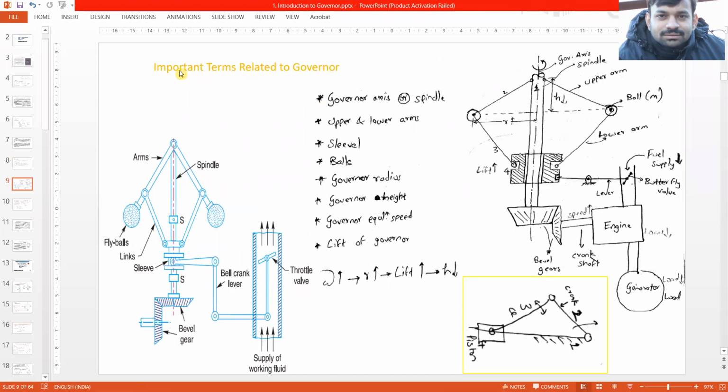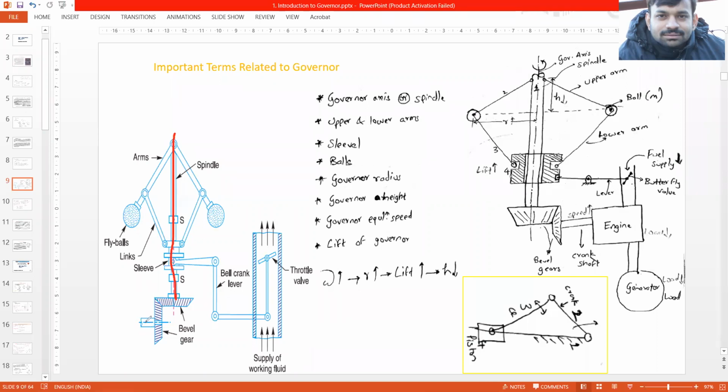Now, we'll see some terms related to the governor. So as you can see in this diagram, this is the spindle and this spindle, as you can see, it is connected to the gears. Okay, so these are called the bevel gears, which are connected to each other at 90 degrees, right?